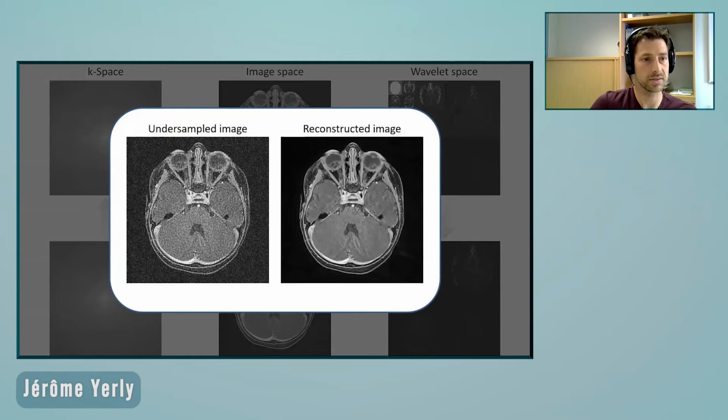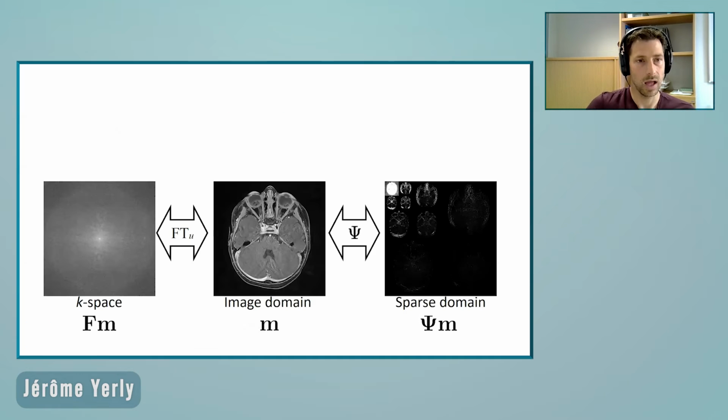Basically, you will see that we started with an undersampled image, and in the end, we were able to reconstruct an image with very little undersampling artifacts remaining. This is again the same thing, just a different representation, so that maybe it is easier to see how the algorithm converges.